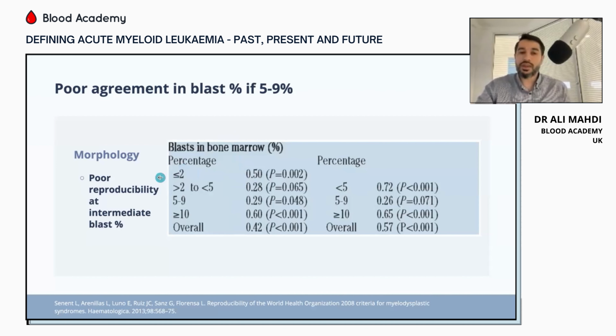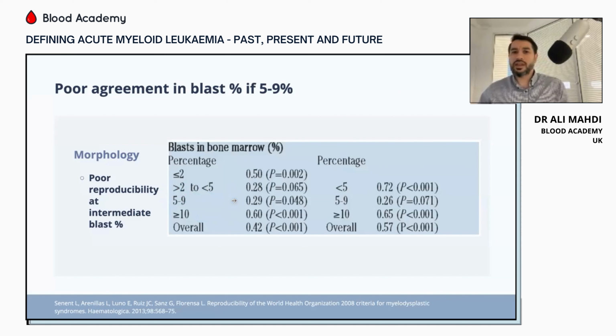And what you can see was that if your blast percentage was low, so 2% or lower, or if your blast percentage was high, so 10% or more, then the kappa statistic was generally higher. Whilst if it was intermediate in terms of the number, so greater than 2% to less than 5%, or between 5 and 9%, that correlation was significantly lower.